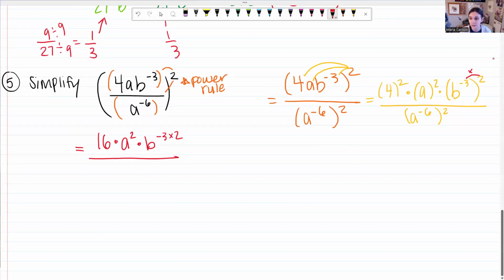And then in the denominator, I have a to the negative 6 times 2 power, using the power rule to multiply those two exponents as well. So in the numerator, I have 16 times a squared times b to the negative 3 times 2, which is negative 6 power, all over a to the negative 12th power.